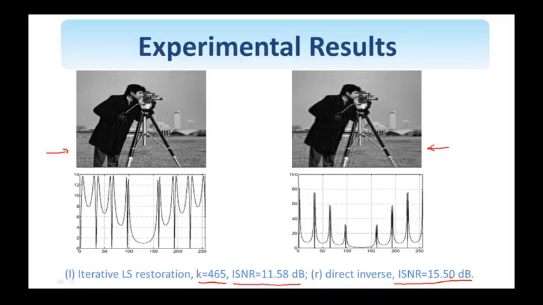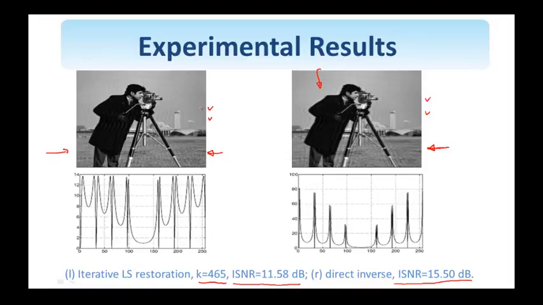So based on this metric, this image is closer to the original one than this one. By looking at the images, however, I would argue that the so-called ringing artifacts, and we'll talk about them a bit later, are more pronounced on this image than on this one, and therefore I would argue that this has a worse quality than this image over here.